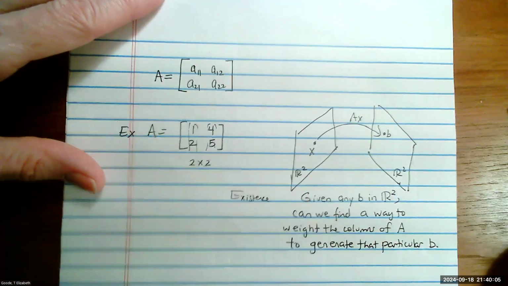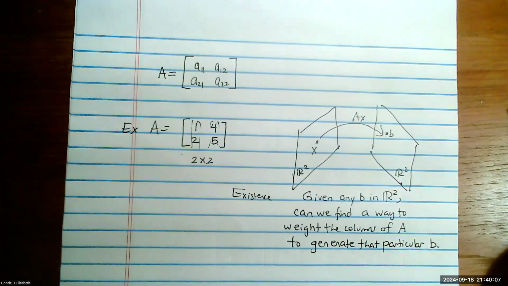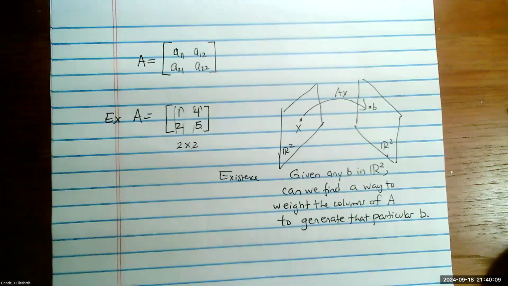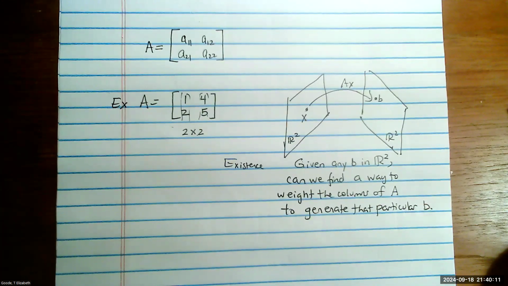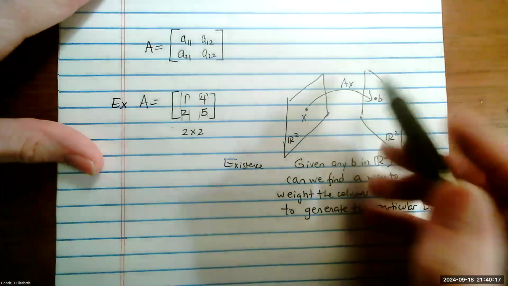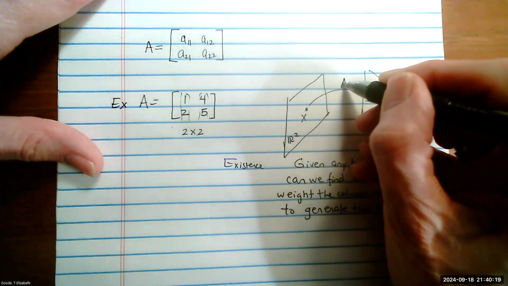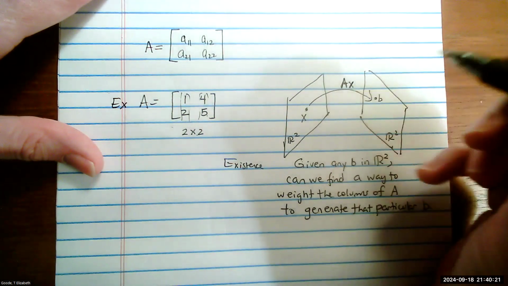Okay, so the transformation helps us find other B's in R^2? Nope, nope, nope. Don't even think about the transformation right now. Let's just think about the matrix multiplication, because I think you need to understand the matrix multiplication first.